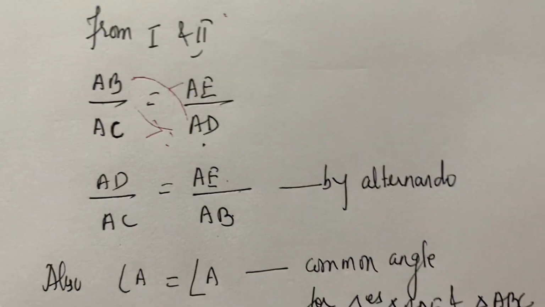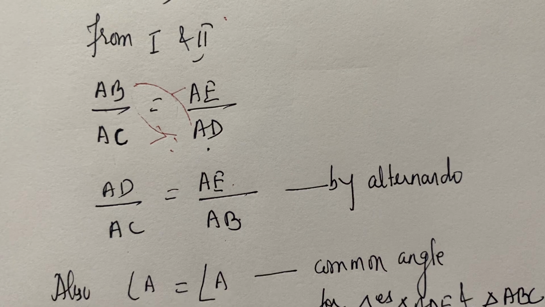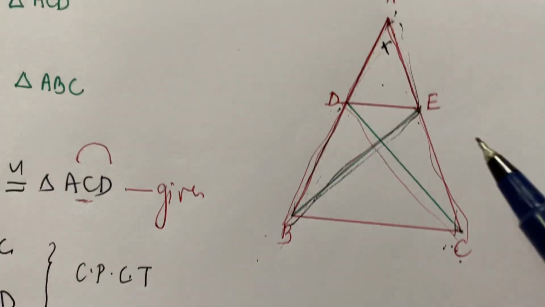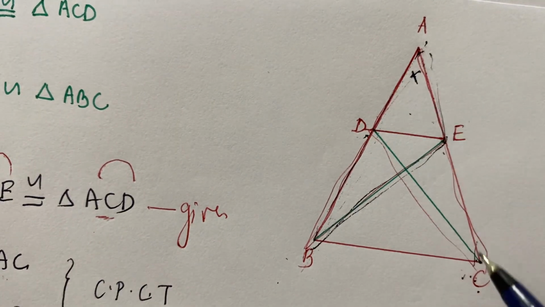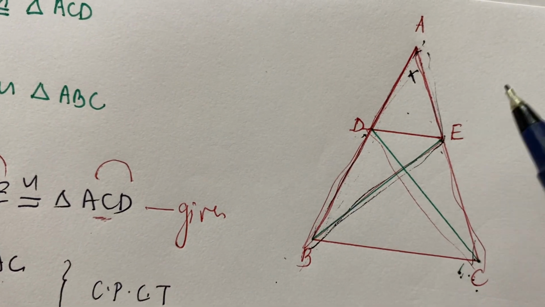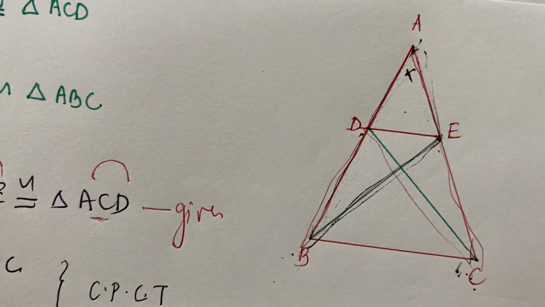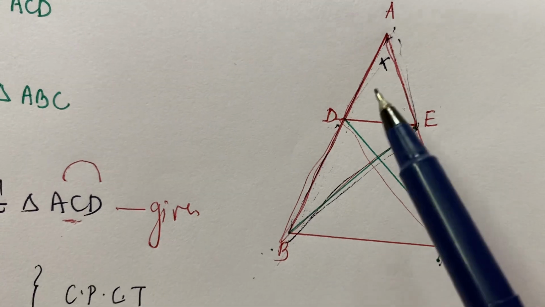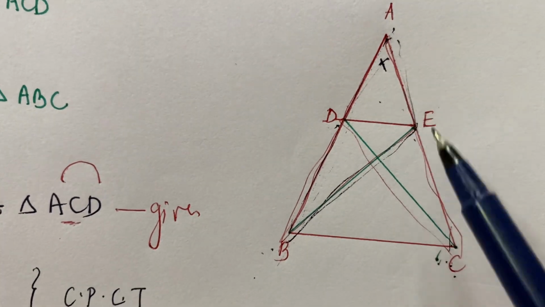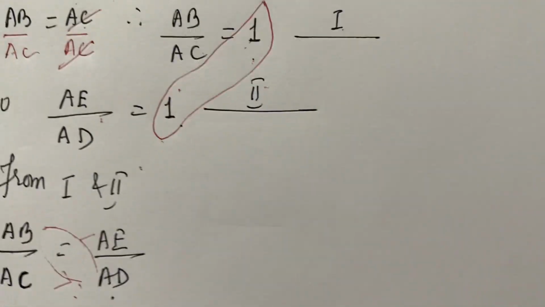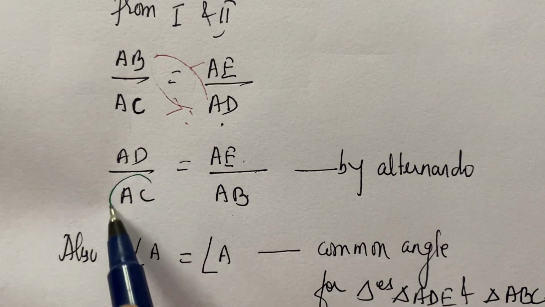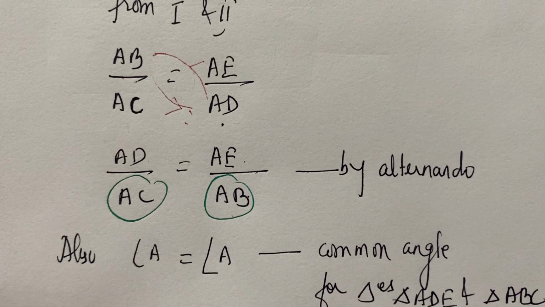Fine. Now here we include one step. You know that the ratios AD upon AC and AE upon AB are not the right correspondence. We need to get AD upon AB and AE upon AC. So for that purpose, you know that AC is equal to AB.